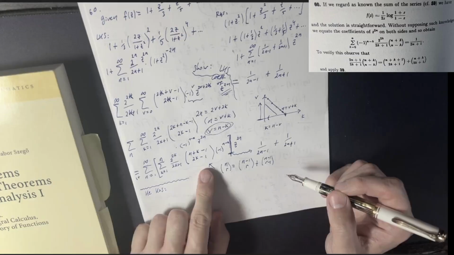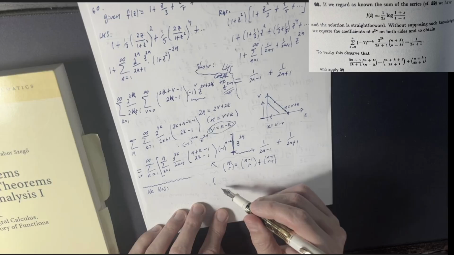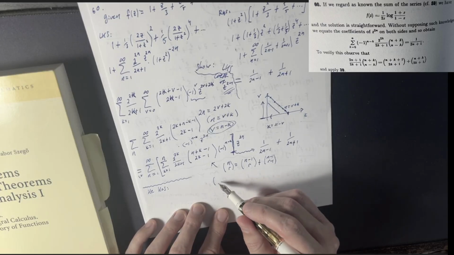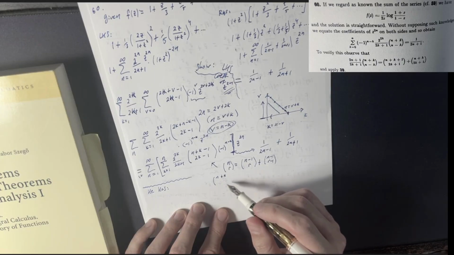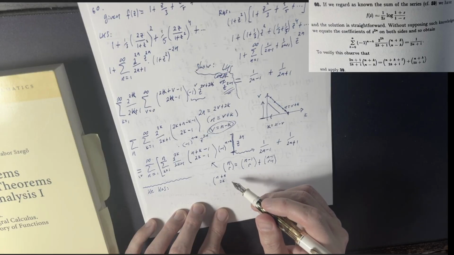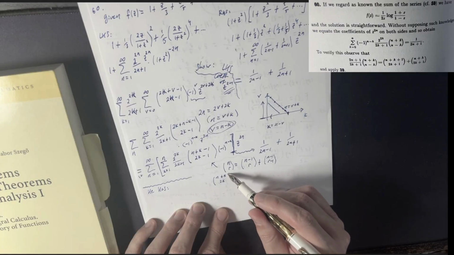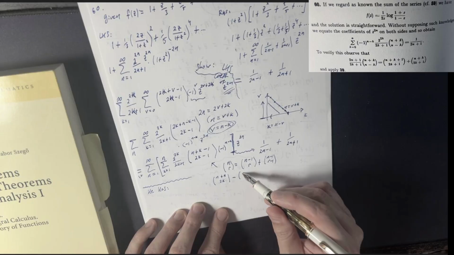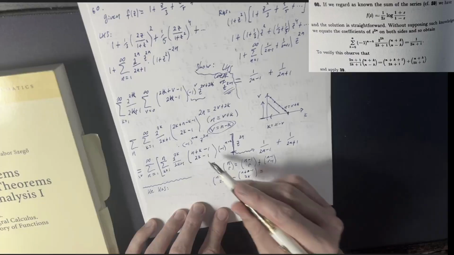So if you replace this with 2n plus k over 2k, minus n plus k minus 1 over 2k, I wonder if I'm botching this, you'll get this guy.